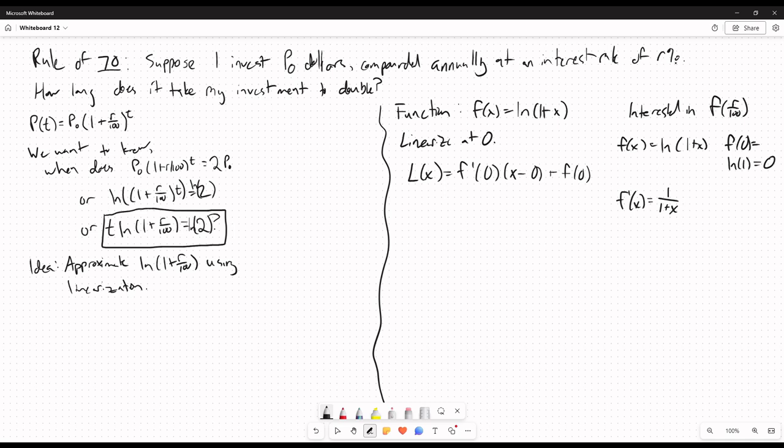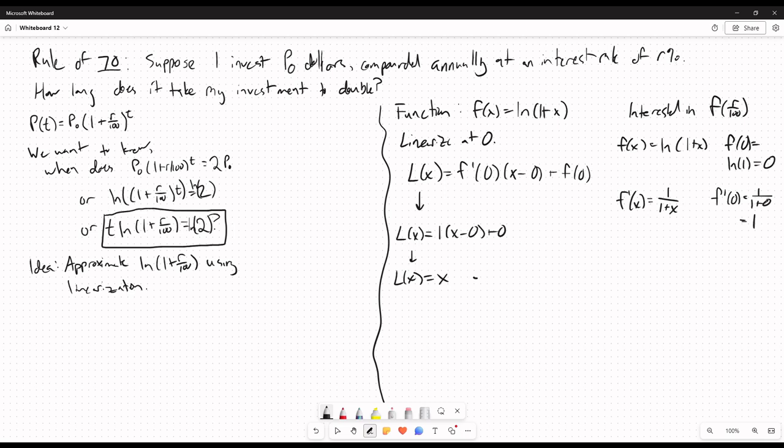Think of it as taking the derivative of the outside, keeping the inside the same, multiplying by the derivative of the inside, but the derivative of the inside is just 1. If we evaluate f prime of 0, we get 1 over 1 plus 0, which just equals 1. So my linearization is going to end up being L of x equals f prime of 0, that's just 1, times x minus 0 plus 0, or L of x just equals x.